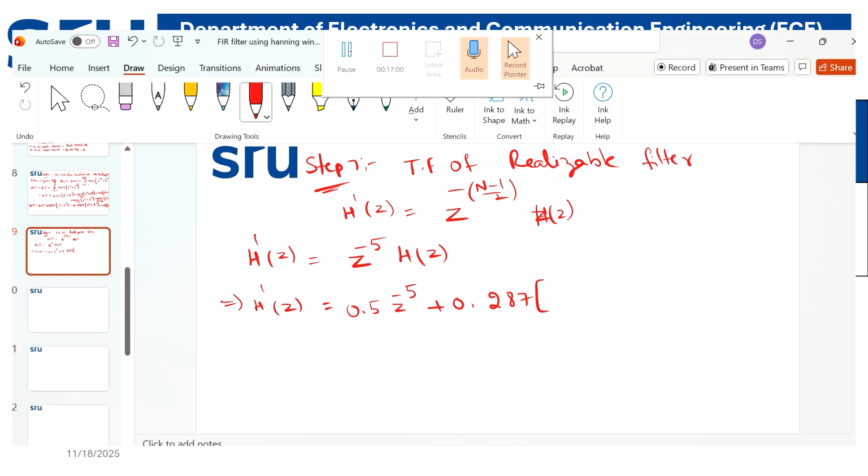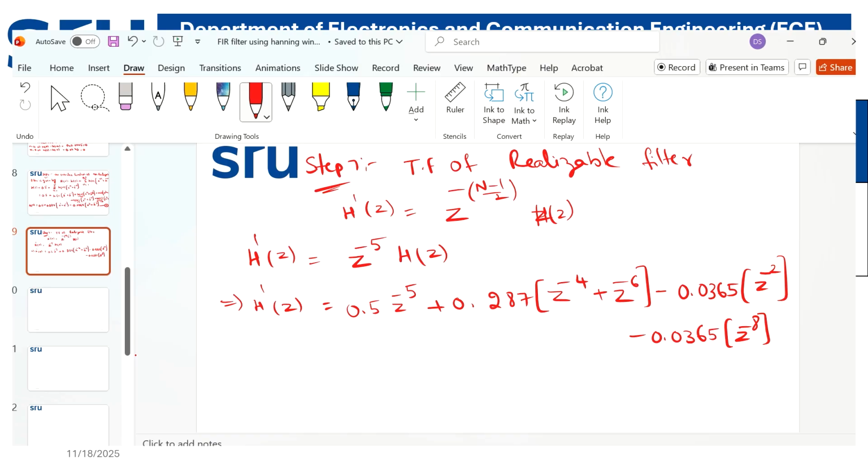If it is multiplied by z power 1, we will get z power minus 4. If it is multiplied by z power minus 1, z power minus 6, minus 0.0365 z power 3 into z power minus 5 is equal to z power minus 2, minus 0.0365 into z power minus 8.